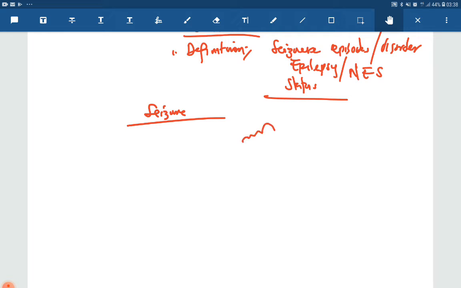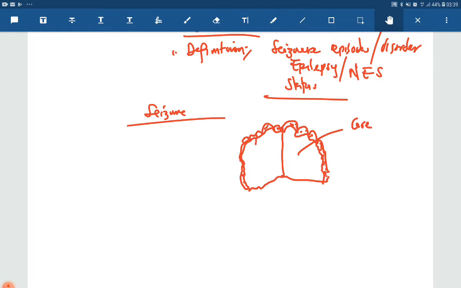Now, if you have the brain, this is the cerebral hemisphere, and the peripheral layer of the cerebral hemisphere, that's where you have the cell bodies of the cortical neurons. And so the cell bodies form the cortex of the brain.